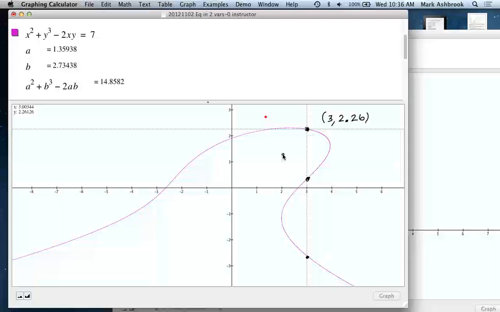Talk to me about the rate of change there. What do you think? So if we wanted to talk about the rate of change at this point 3, 2.26, what would we do, or what would we talk about? What would that conversation be like if we were just to say, what's the rate of change here at 3, 2.26?